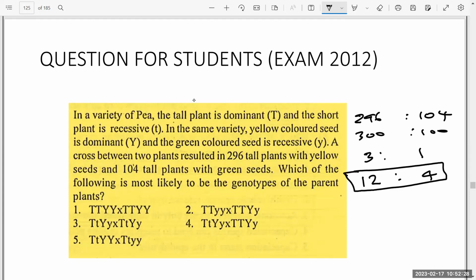We know what this ratio is coming from. Capital T, simple T, capital Y, simple Y, and then capital T, simple capital Y, simple Y. So we remember 12 to 4 ratio is coming, heterozygous, and one is a dominant homozygous on the other side. Yes, answer is right.